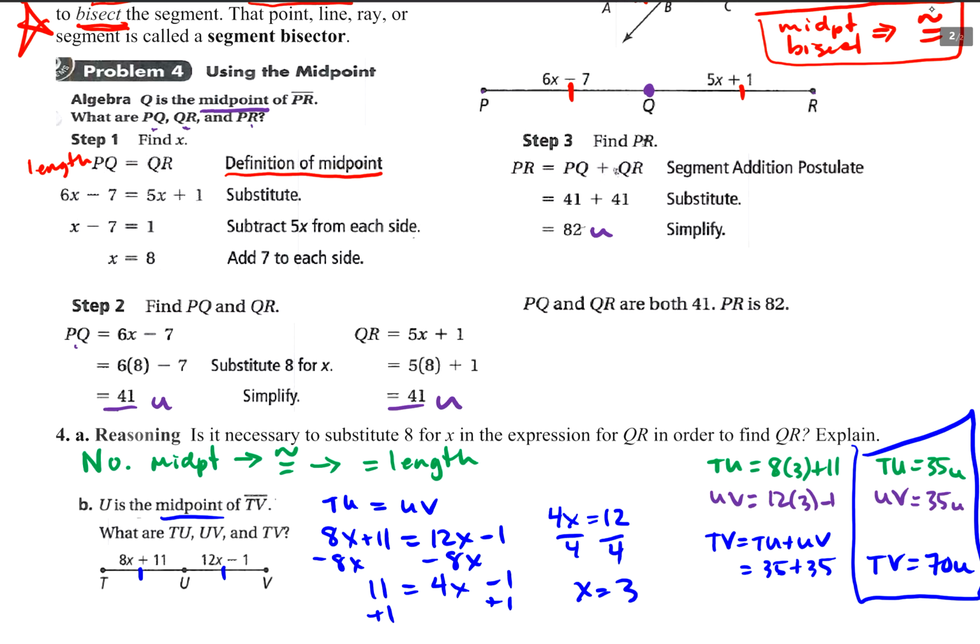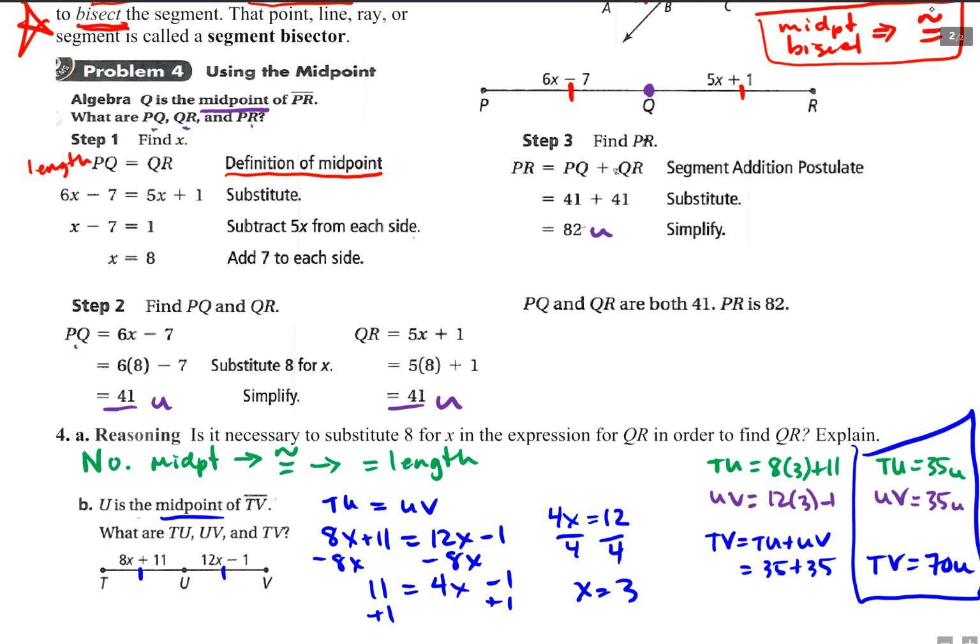All right, and we were given in the second problem here, U is the midpoint. As soon as I see the word midpoint, I mark them congruent. As soon as they are marked congruent, I know their lengths are equal. I substitute in, I get x equals 3. And then I simply substitute back into my expressions to find their lengths, which are 35 units, and the two of them add together to make 70.